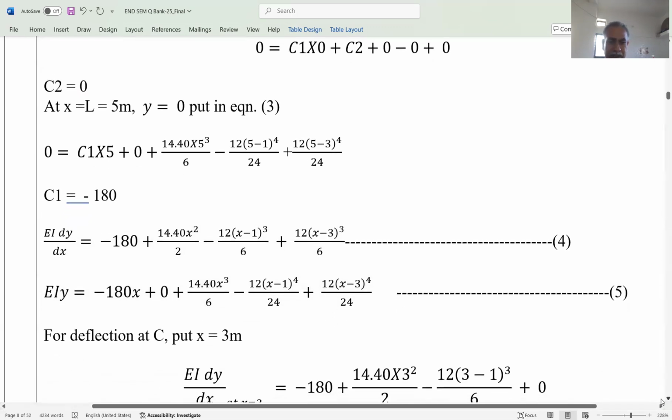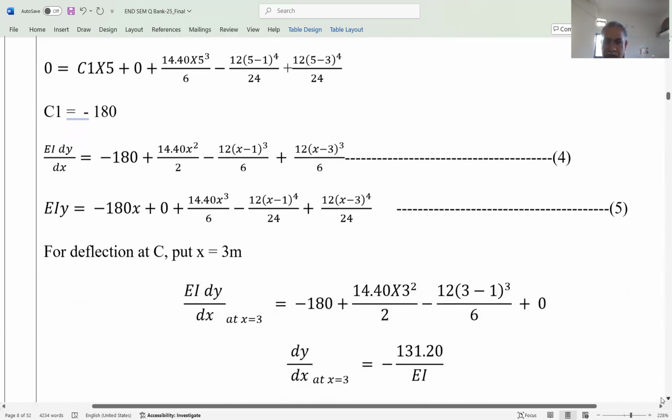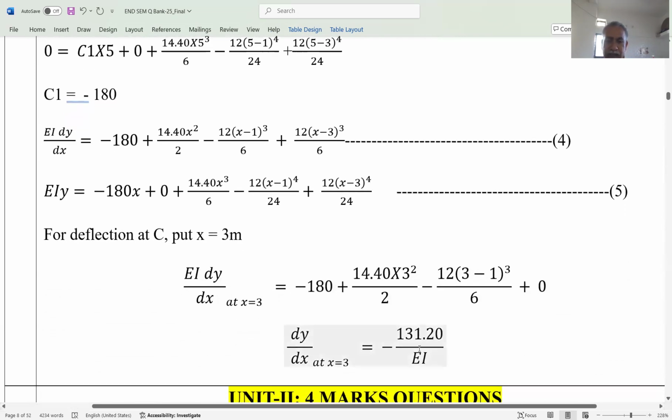Now in this problem, we can find the deflection at C, that is at 3 meter. Therefore, I put x is equal to 3 meter in EI into dy by dx, the slope equation. We can find the slope at this point is equal to 131.20 divided by EI.